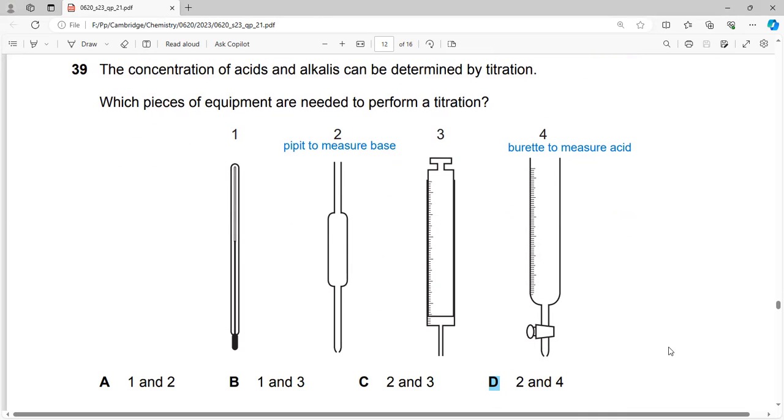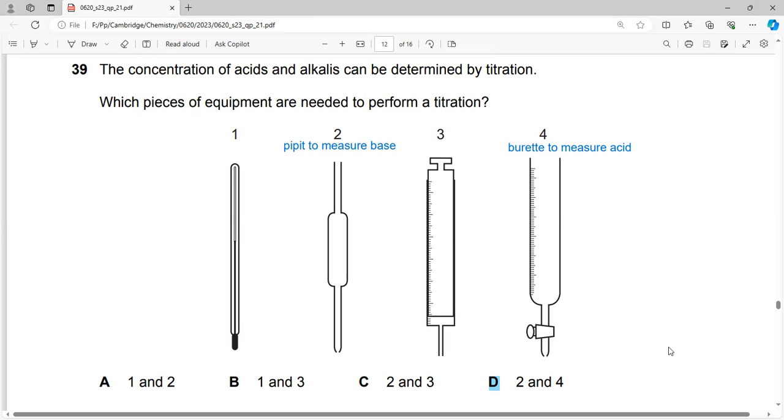The concentration of acid and alkalis can be determined by the titration process. So which pieces of equipment are needed to perform titration? We take a burette to measure the acid. So we put the acid in the burette, and we use the pipette to transfer the base into the conical flask.